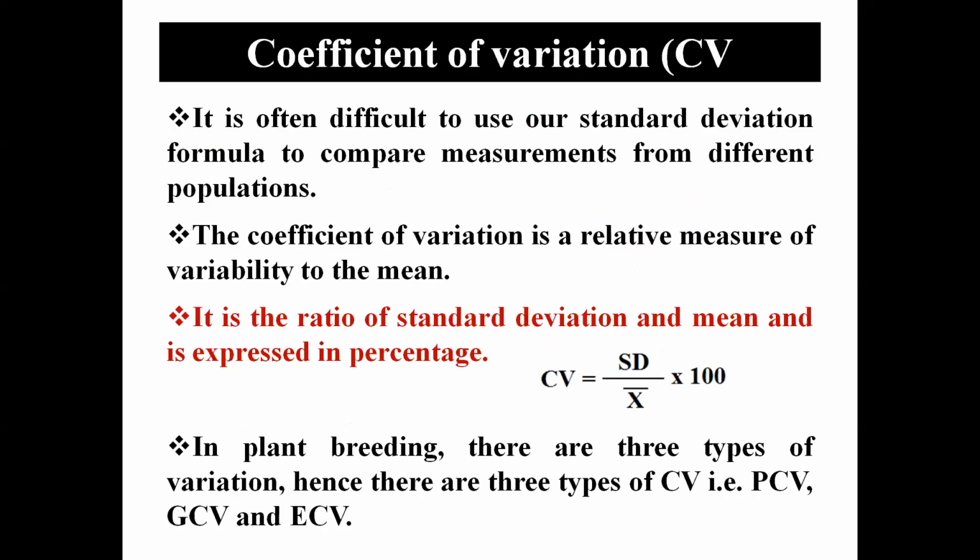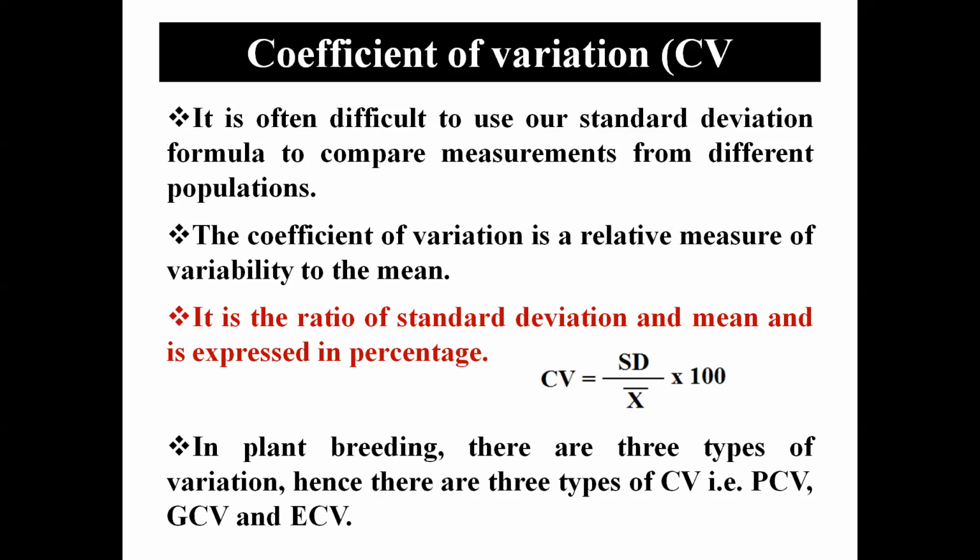Coefficient of variation, CV. For measuring variation, first of all we determine standard deviation, then variance. But it is often difficult to use standard deviation formula to compare measurements from different population for different traits. Suppose plant height is measured in centimeter.